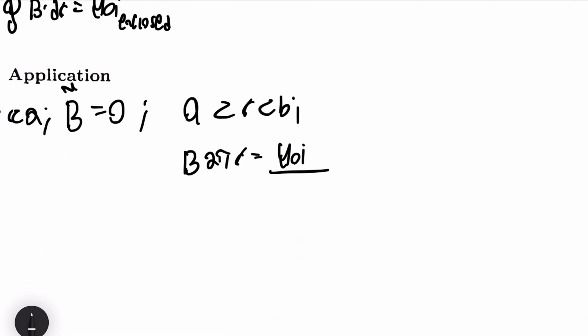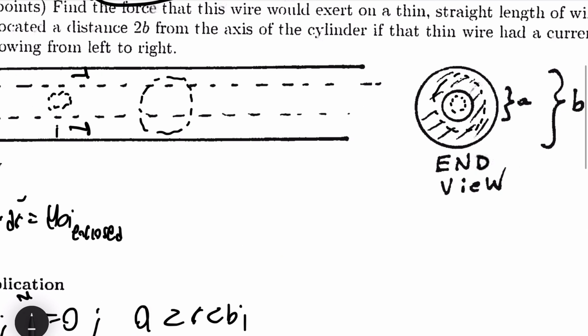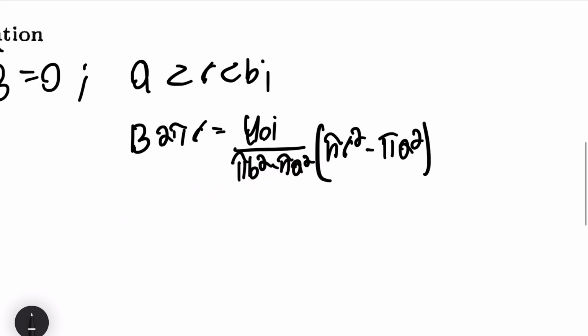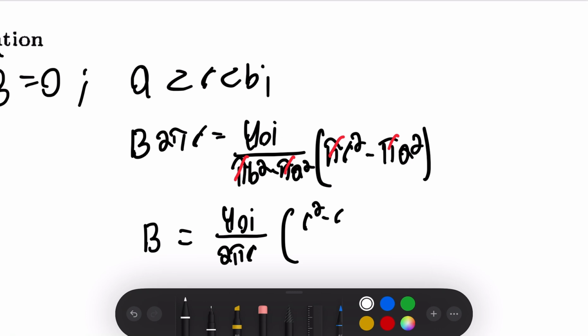The actual area is pi b squared minus the hole, pi a squared, and then times where our loop is. Our loop has an arbitrary radius r, so it's pi r squared minus pi a squared. And then I could factor out the pi's, so the pi's would cancel here. But basically my answer would just be that B is equal to mu naught I over 2 pi r, times r squared minus a squared over b squared minus a squared.